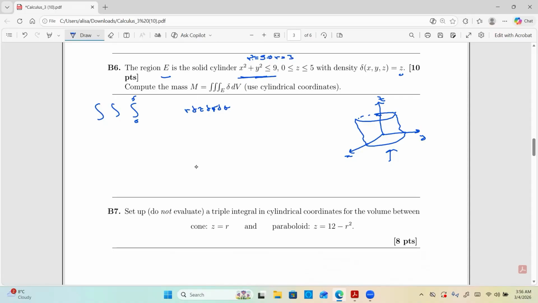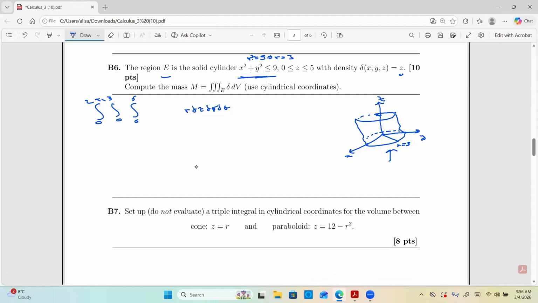And in a circle centered at 0, 0, r is going to begin at 0 and it's going to leave at r equals 3. So this is 0 to 3. And then for theta, every angle is attainable because we have circles here. So it's 0 to 2 pi.